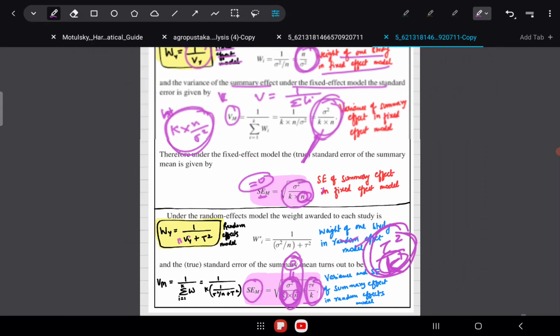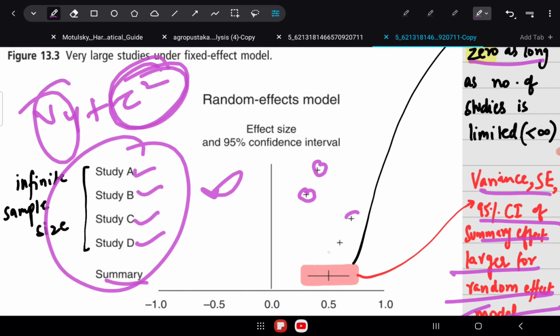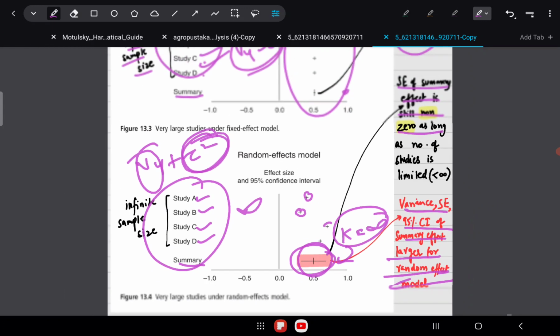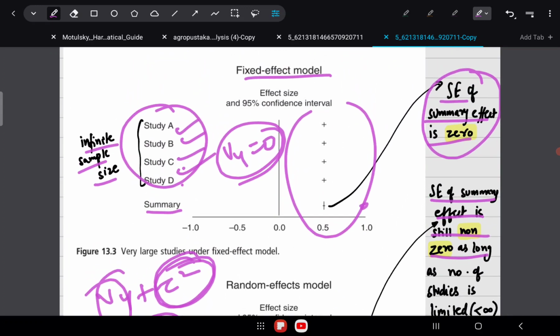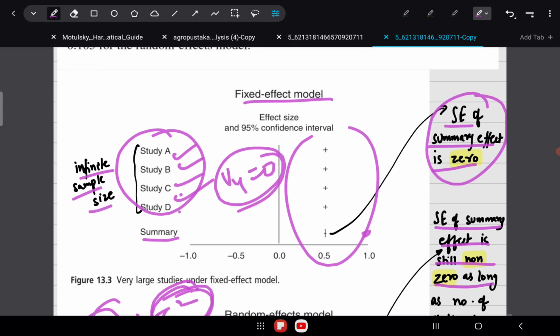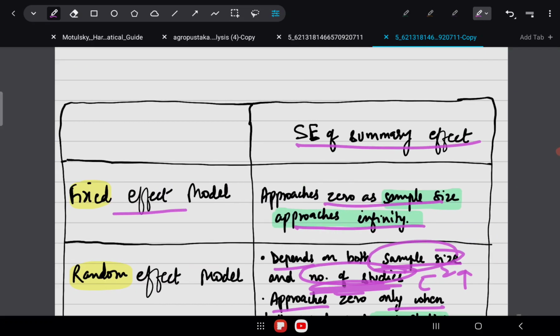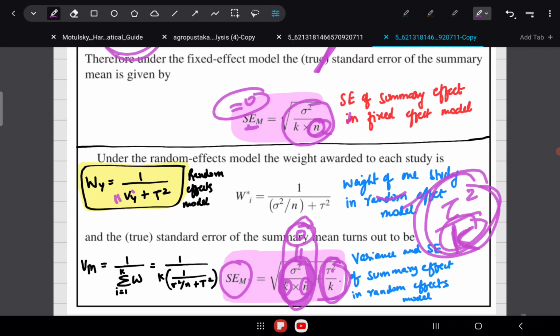So if you want a 0 standard error in case of random effect modeling, you have to have an infinite number of studies, and only then can the standard error be 0. This is the reason why in random effect modeling, the standard error of the summary effect is wider as compared to fixed effect modeling, because it comprises not only the first part of the equation but also a second part, which is tau square by k, right?